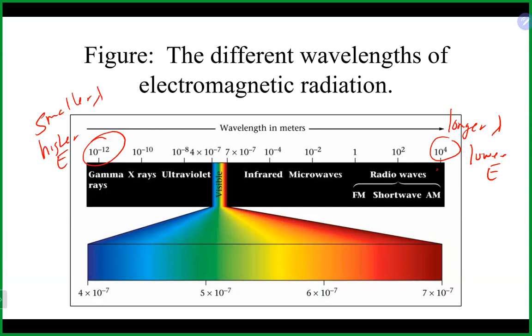Down here at the longer wavelength, we have radio waves, which don't have too much energy, as we listen to our radio and we can move that through space. That's also why when you dial in a radio station, it's like 95.5 megahertz. Yes, it's a frequency that you dial in to your radio station.